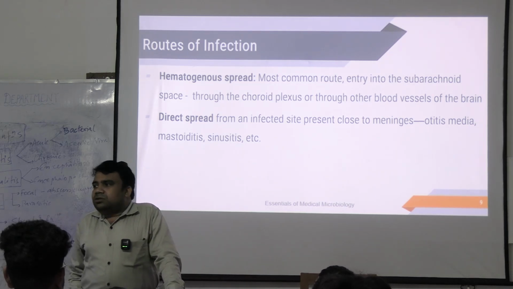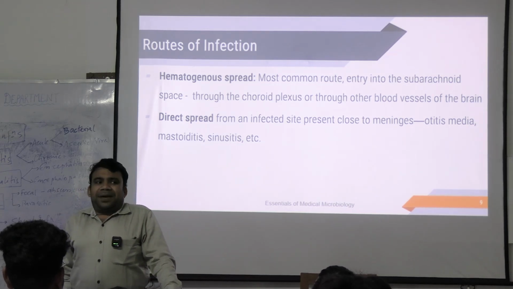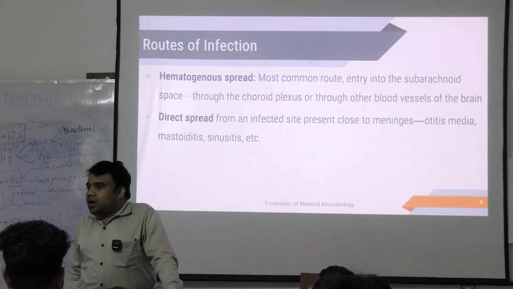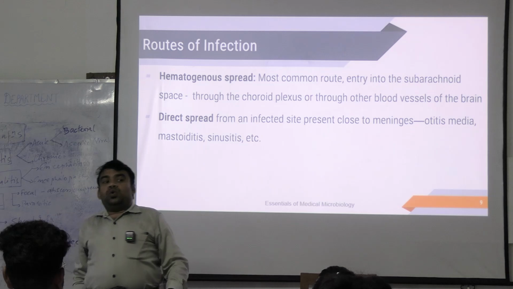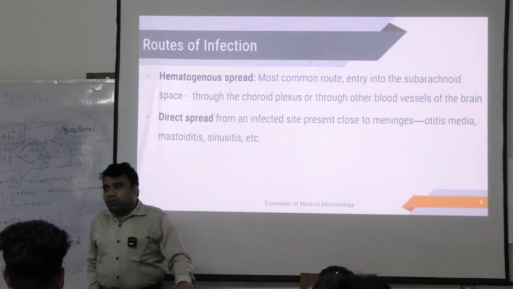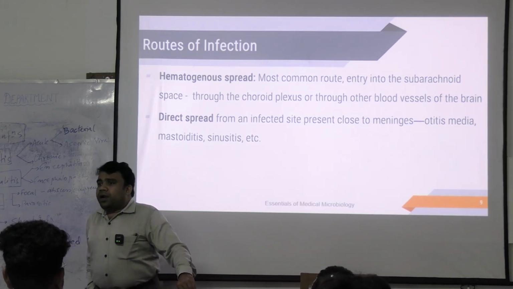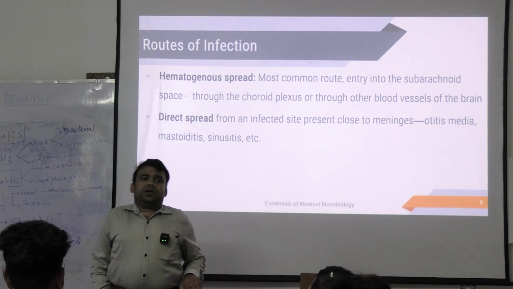So normally it is not possible for a pathogen to reach into this space. How does it reach there? The first method would be through the hematogenous route. How? Where is cerebrospinal fluid produced?